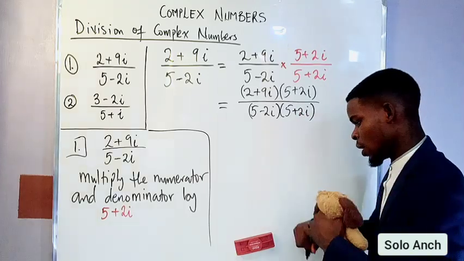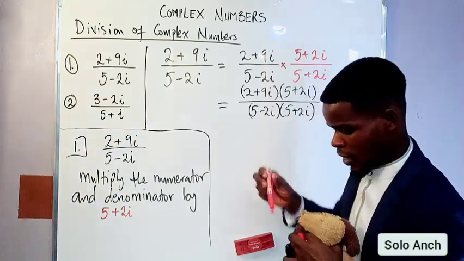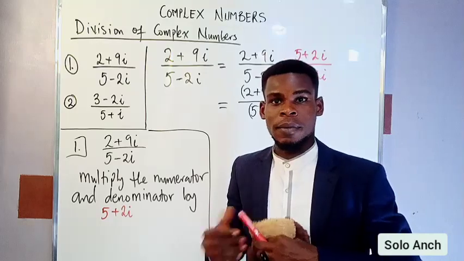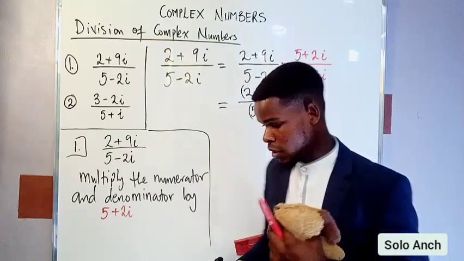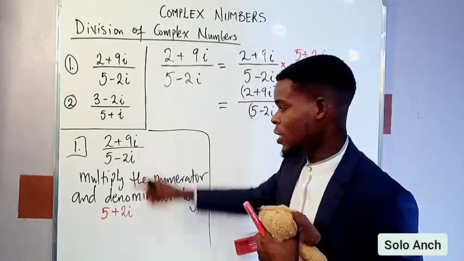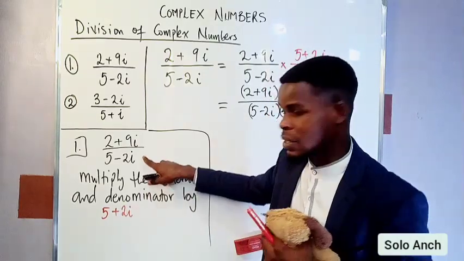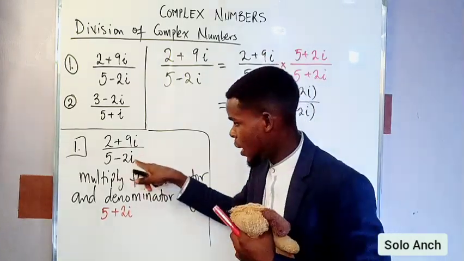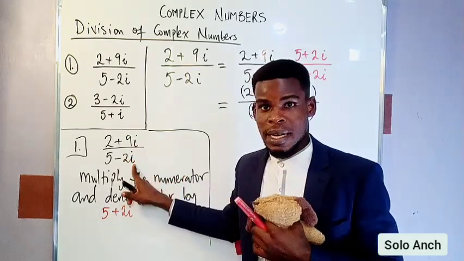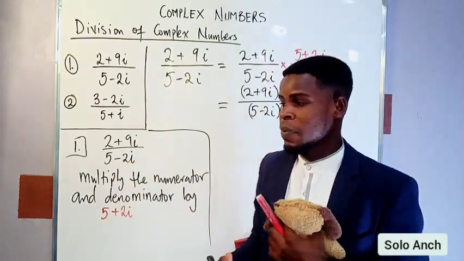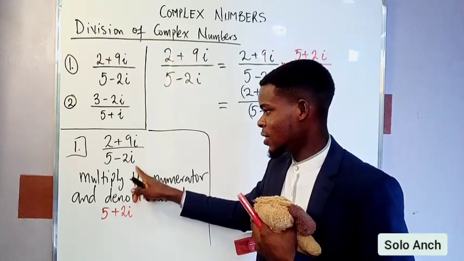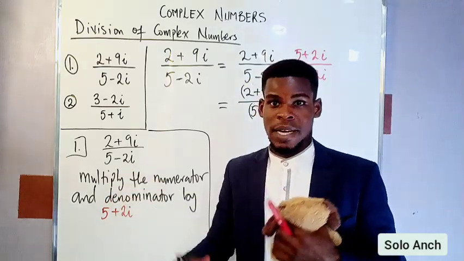The idea here is that we don't like the complex number to be in the denominator. To simplify this, we multiply numerator and denominator by something to eliminate this imaginary notation, this i, in the denominator. And to eliminate that, it is easy to multiply the complex number by its conjugate.